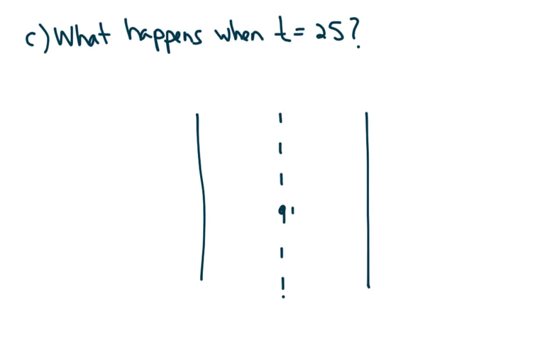So let's call this the midpoint. So we have this camera over here, and it's 8 feet away. So the camera is scanning, so it's going this way and it's going this way. It's just going back and forth scanning the driveway.